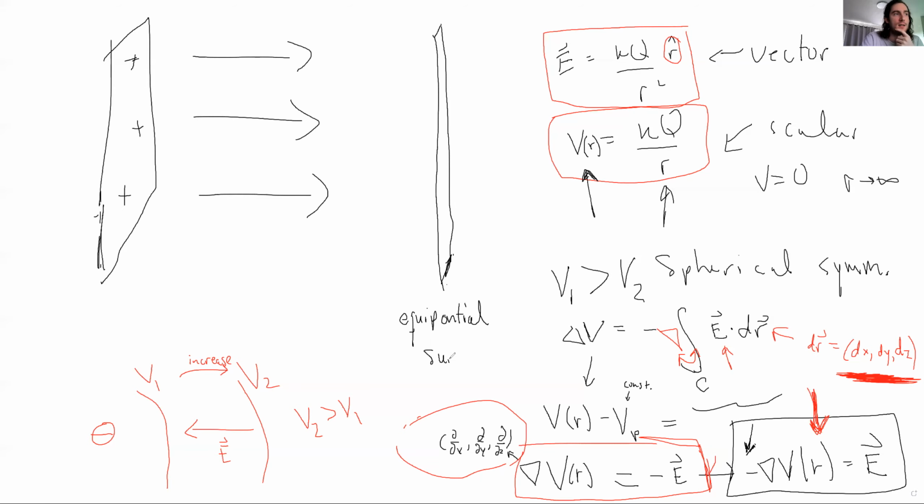That's not related to the question I want to ask you guys. Okay. I want to ask you guys, what is the direction of increasing potential? Does the potential increase this way or this way?